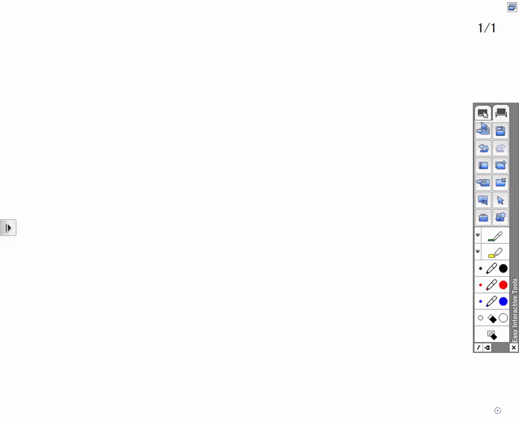So we have a cold temperature, a warm temperature, and a boil. I want to see how well that enzyme works, and we're going to find out by measuring how many bubbles of oxygen are created.